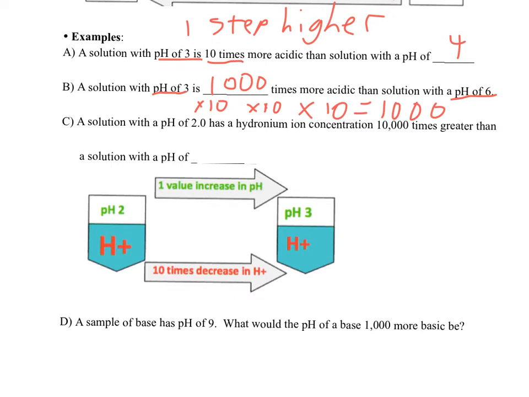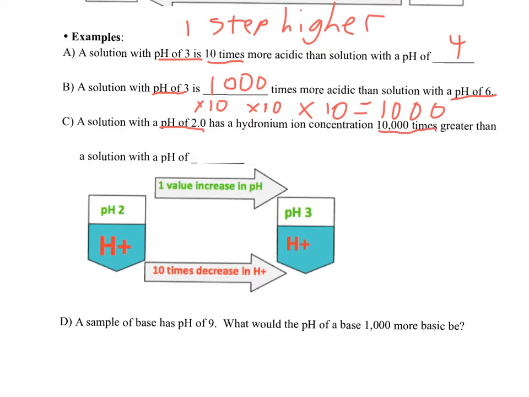Letter C, we have a solution with a pH of 2 has a hydronium ion concentration 10,000 times greater than a solution with a pH of blank. So we've got a pH of 2, and it is way more acidic. We have to figure out how many steps 10,000 times is.